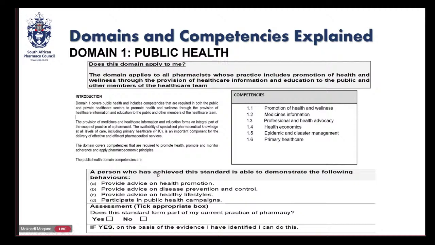So you will see if the domain or the competency applies to your area of practice, and you may then submit CPD by selecting that particular domain.